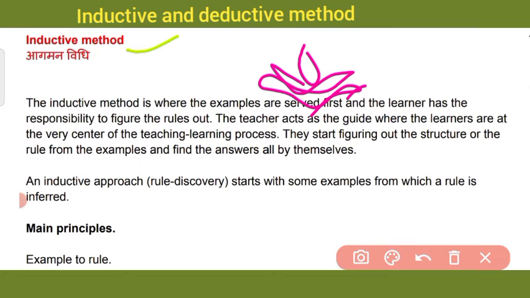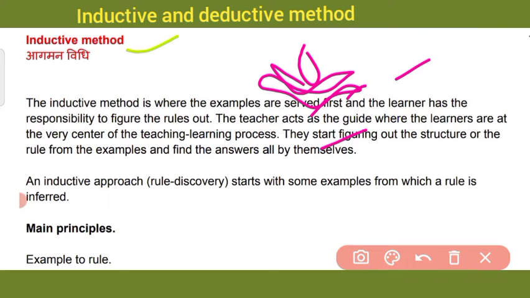So what does that mean? That is a kind of inductive method, because the teacher is first giving examples, or directly showing what the teacher is going to explain. Suppose a teacher is teaching the digestive system of human beings, and first shows the diagram of the digestive system without explaining.